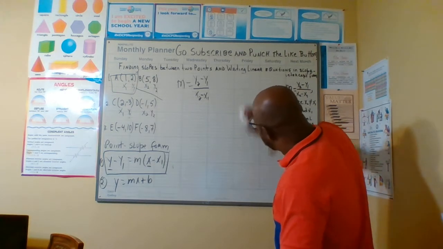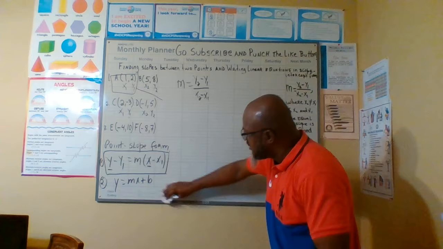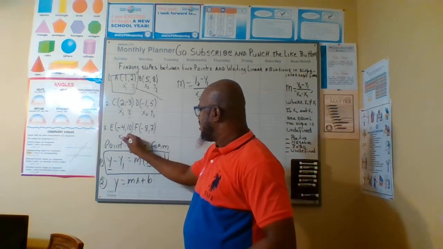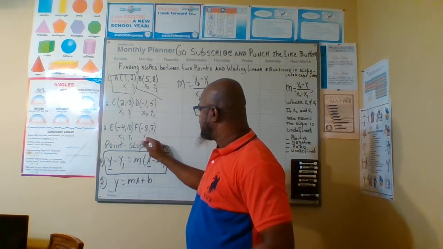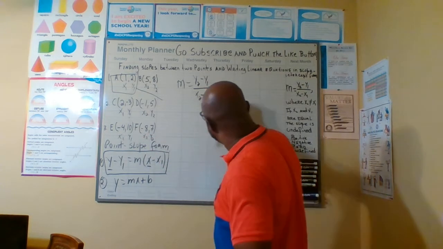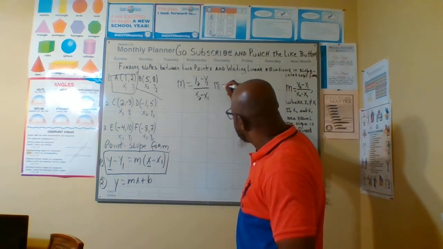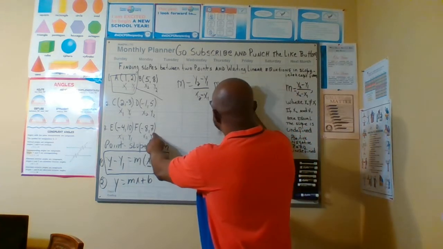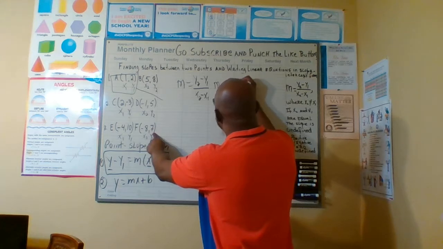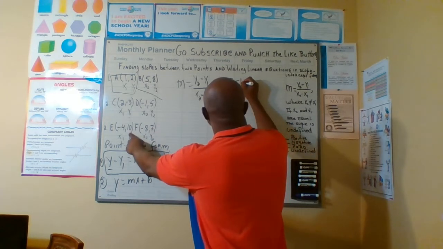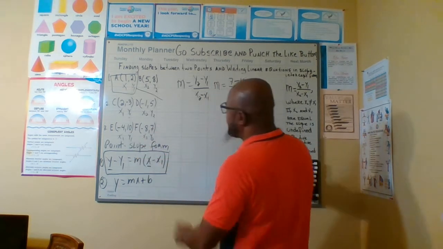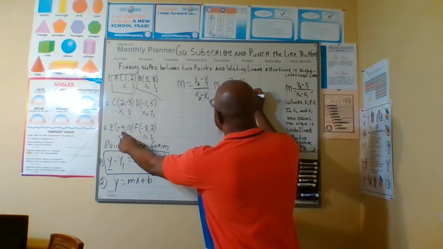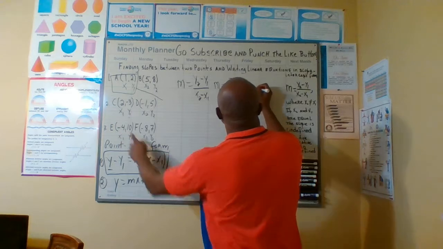Once again, I keep my formula out. So here, this is my x1, y1, x2, y2. And I'm going to calculate my slope. M is equal to y2, 7, minus y1, 10, over negative 8, minus negative 4.